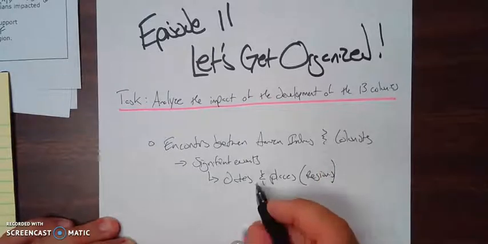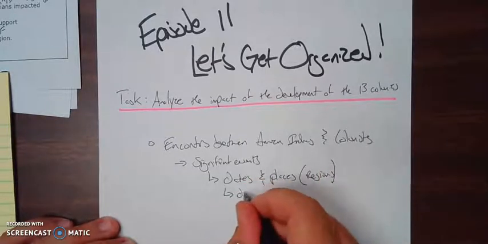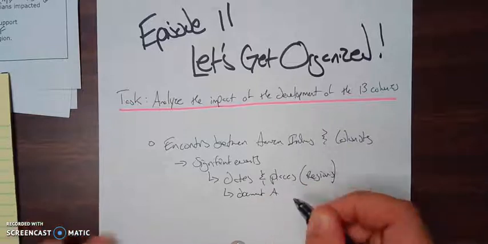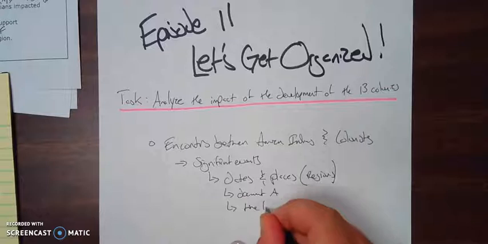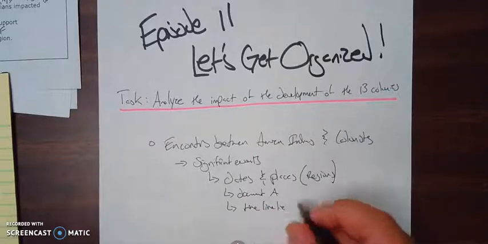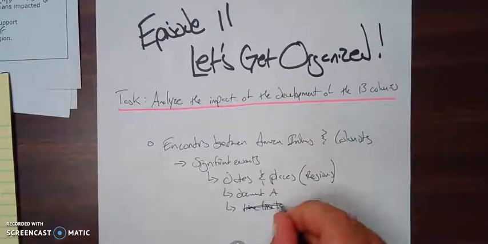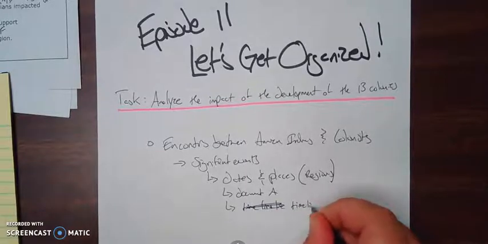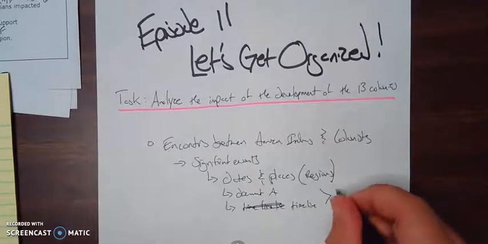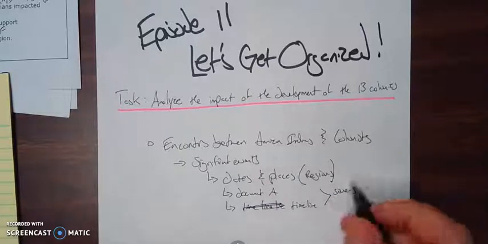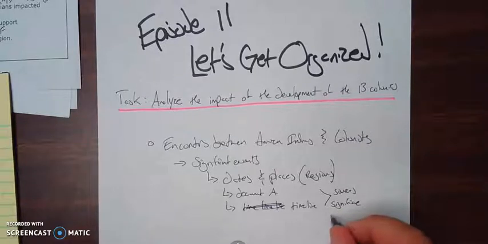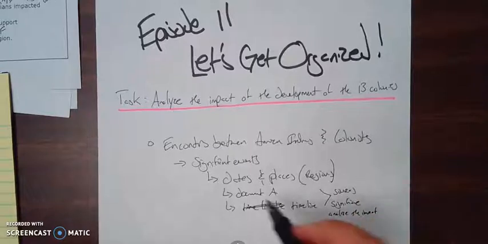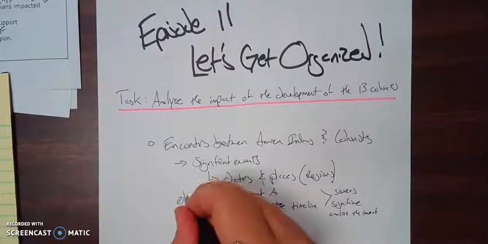These dates and places, I'm going to lean on maybe document A. I'm going to think about the timeline as well. My writing's pretty bad there. Timeline. So here's some of our sources. Don't forget, I also have to talk about the significance and analyze the impact. So really thinking about some of the key elements, here.